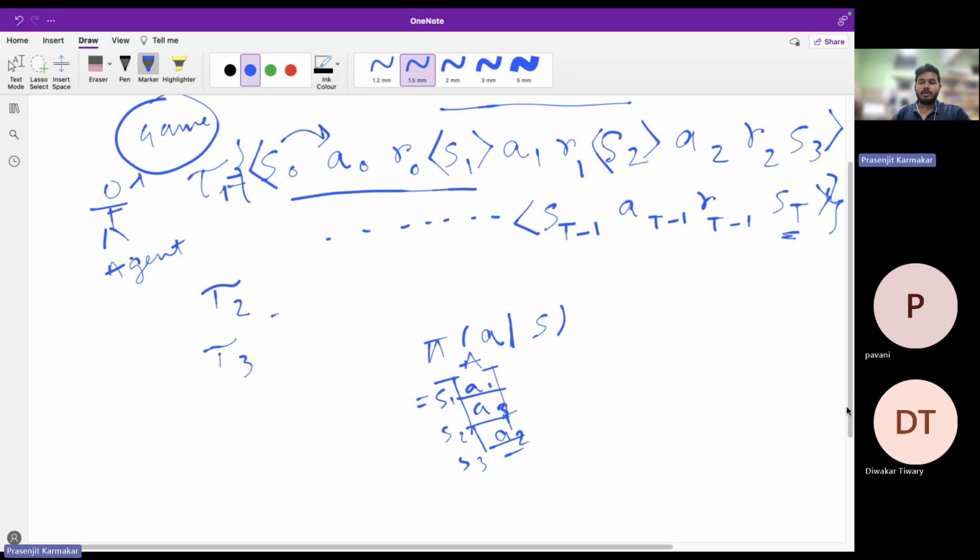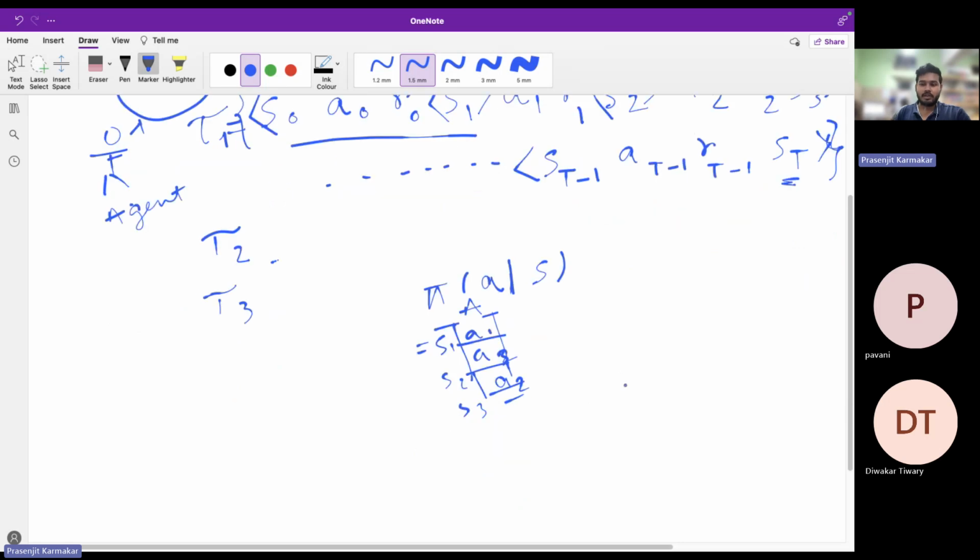Let's say you want to go right, but there is a slippery floor. Then even if you want to go right, there is a non-zero probability that you will end up moving forward, because there is a slip in the tiles, or you may even fall down on the floor, basically looping back to the same state.